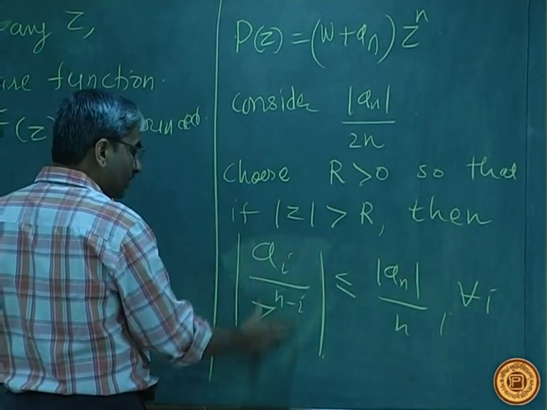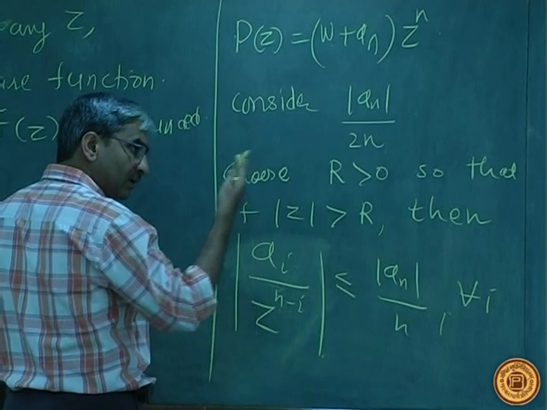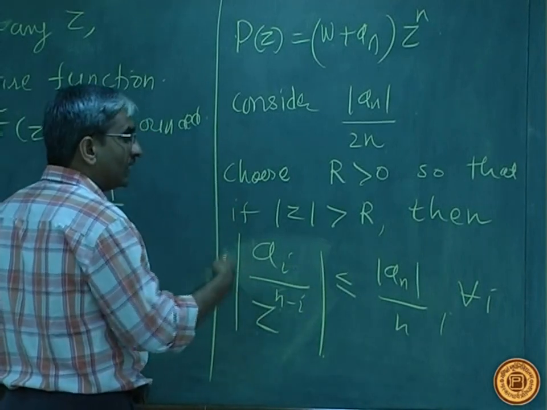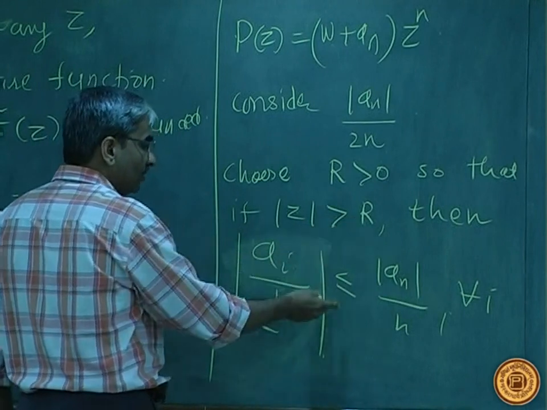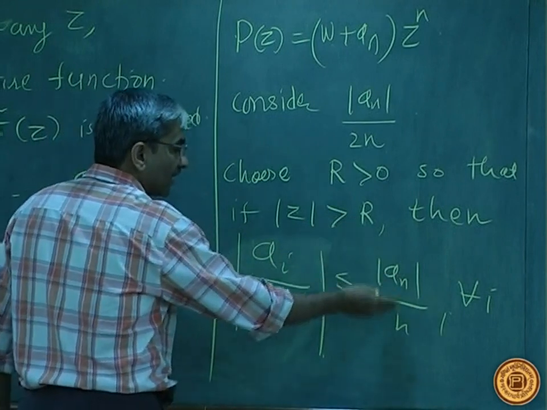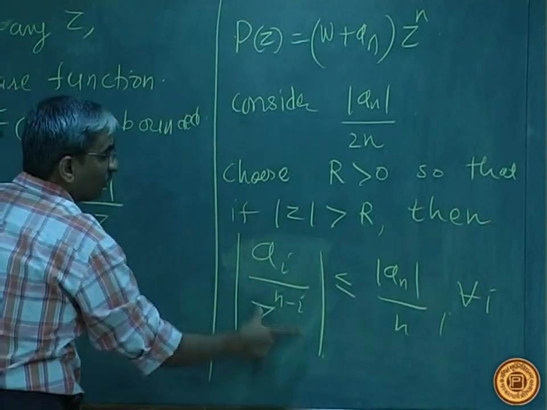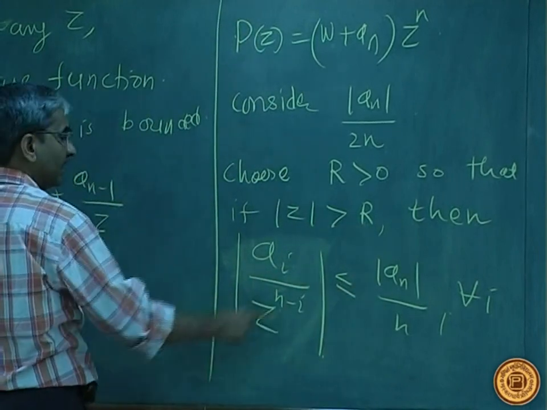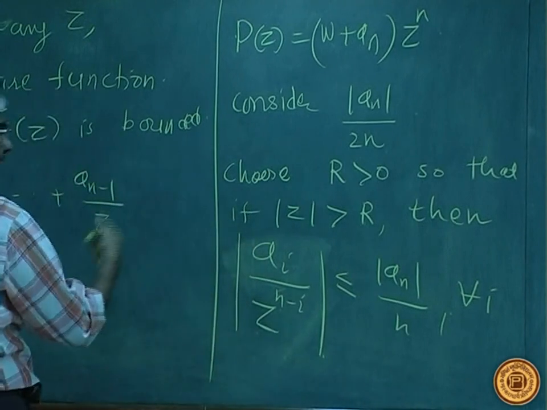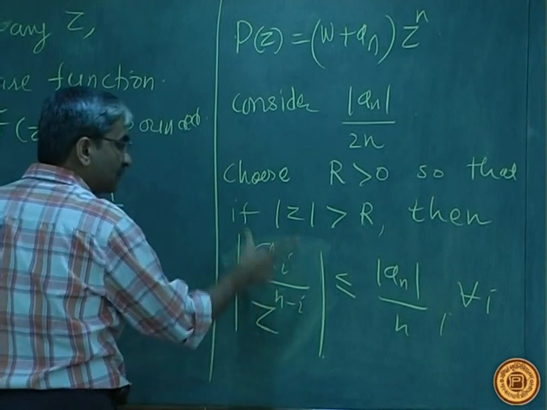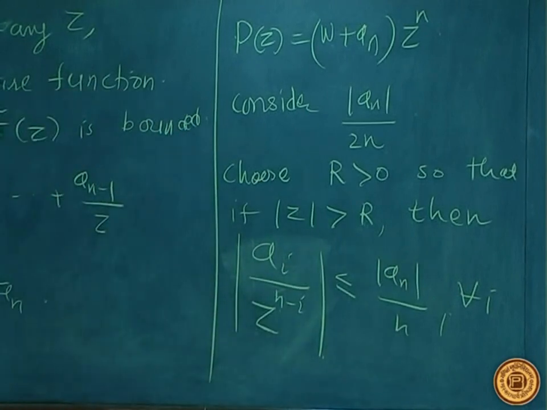So 1 over mod z will reduce as you increase r. So you can always compare with this and choose r such that if mod z is bigger than r, this quantity will be less than this. And then you do this for all terms and you can find a common r such that this absolute value is less than mod an upon this.